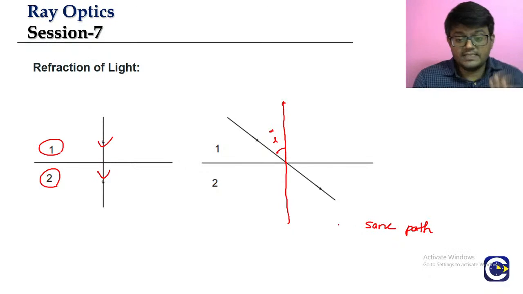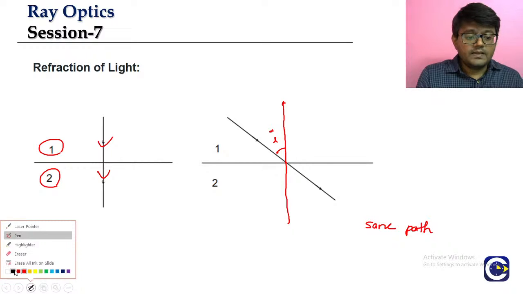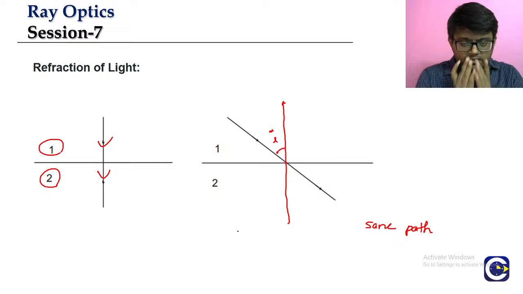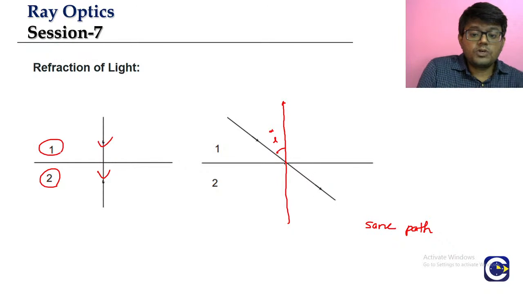I'll tell you the reason for that also. Generally what we will be observing is the light ray will be bending away from the original path. It will basically move away from the original path, and in this there are two possibilities.